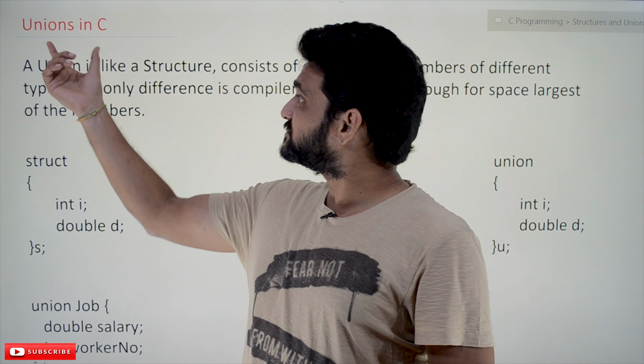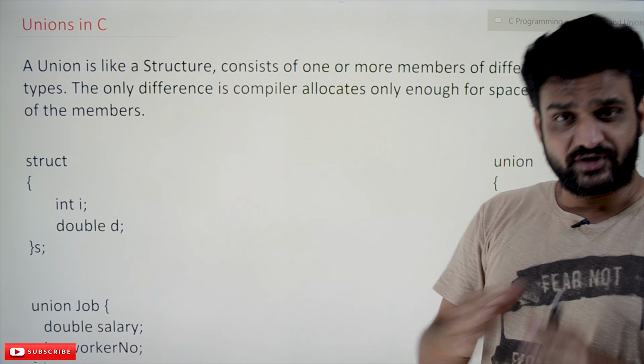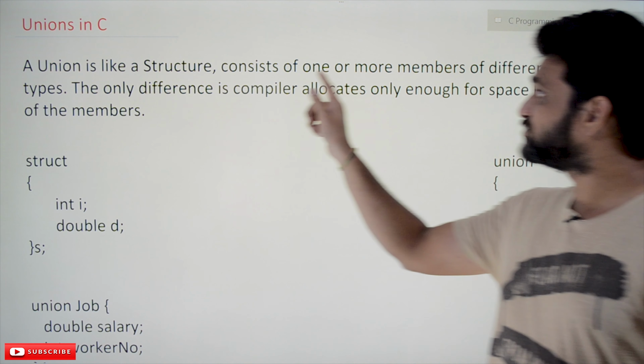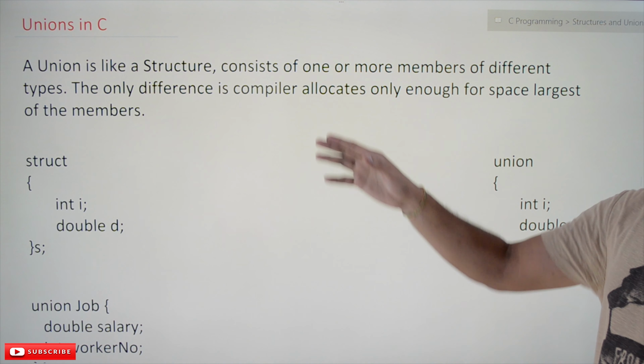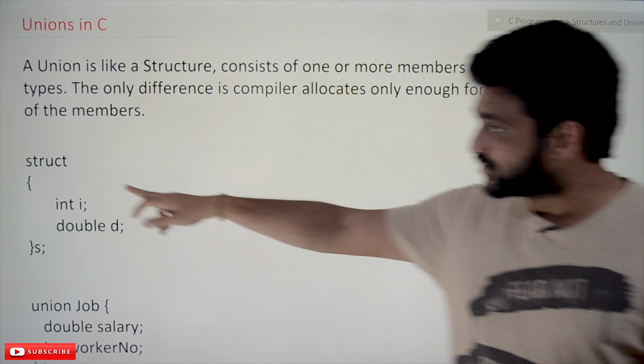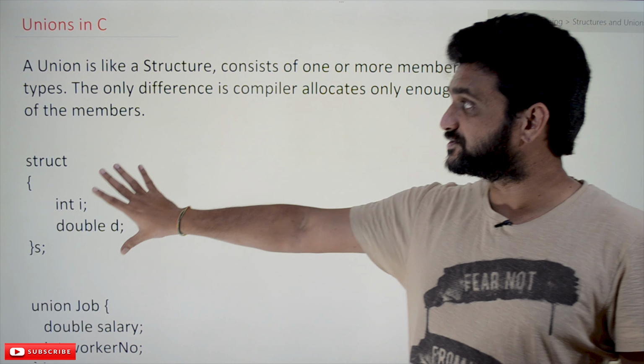Now coming to this class, unions in C. A union is like a structure, the same as a structure with a little difference. It consists of one or more members of different types, the same as a structure.